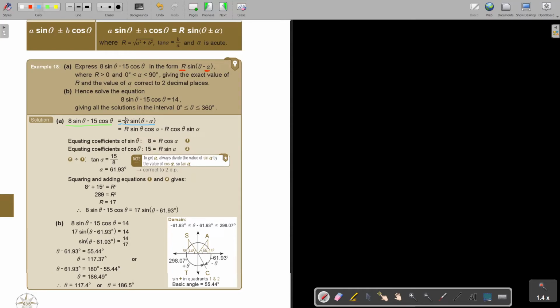Okay, and now I'm saying again the green, do you see there? But now I'm just going to put the 14, okay? But in place of this green, I can now put the blue, and I can put the value of r in. I have the value of r now, and I have the value of alpha, the acute angle, and I put it in. Okay, and then I divide by 17, and now I can use chapter 4.